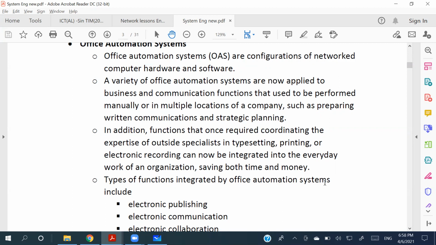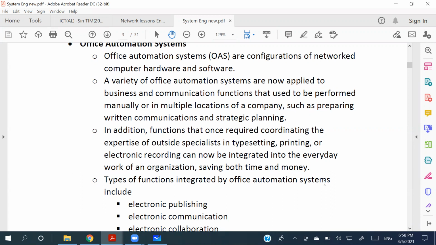When the office automation system is established, the critical point will be the network of that OAS. So instead of taking a document to the printer to get printouts, through the network any computer will be able to send the particular document to the network printer to have a printout, right?